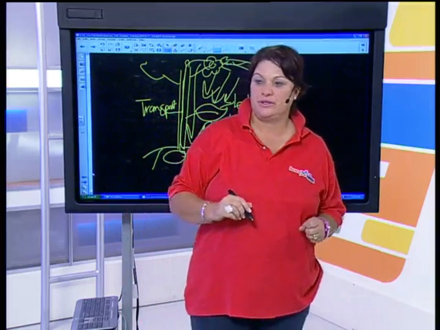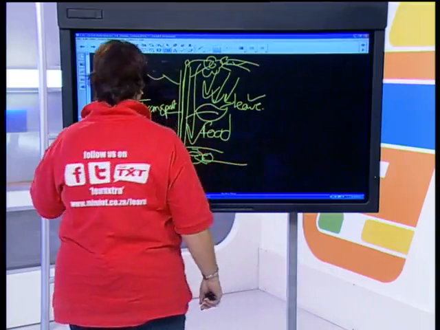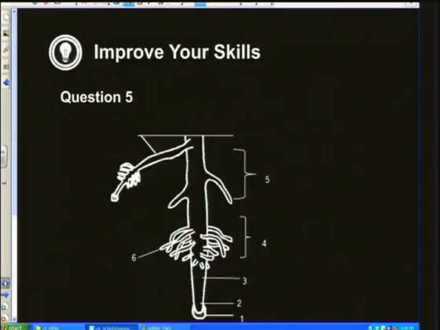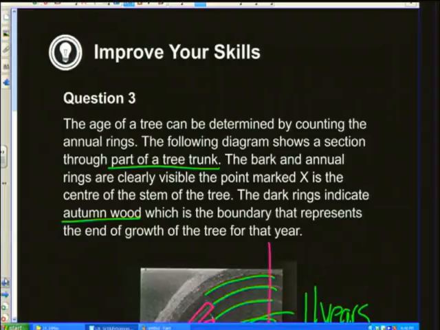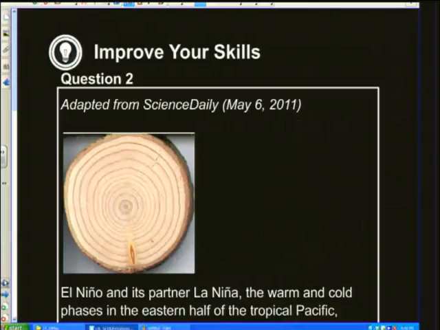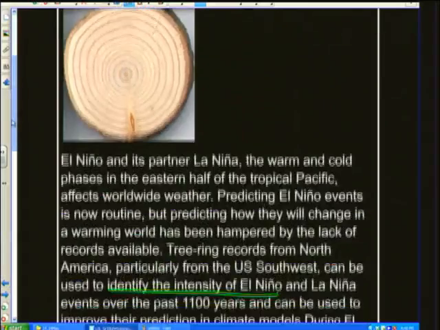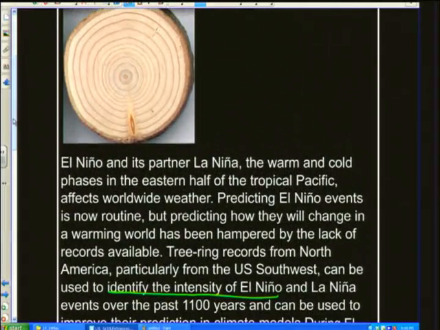Sharp. And then, Master K, how can we calculate the age of a tree or a plant? Let's use this diagram. I'm going to try and answer two questions at once.